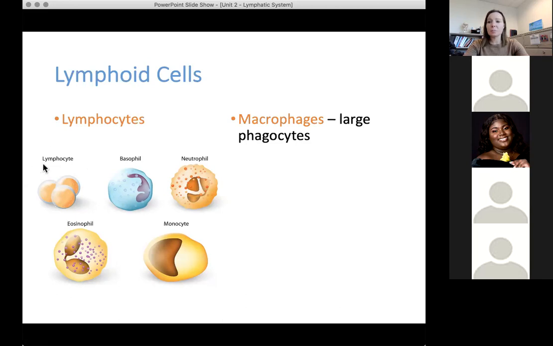You have probably heard of B cells and T cells. As lymphocytes develop, they will eventually become either B cells or T cells. Those are two specific types of lymphocytes.